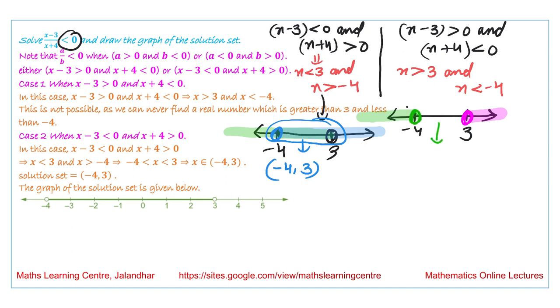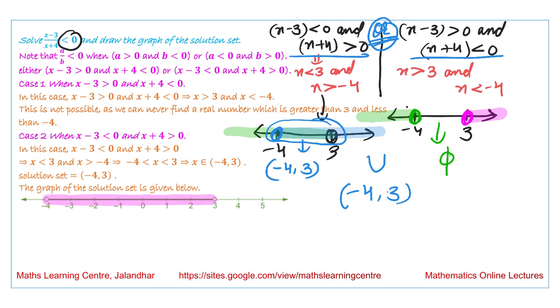So there is no common region between these two, so this set is the empty set. Now next we have "or" in between these two, that either this thing will hold or this thing holds or both can hold. So "or" means it is the union of these two sets. So the final answer we obtain is minus 4 comma 3, and when we represent this portion on the number line, it is this portion of the number line.